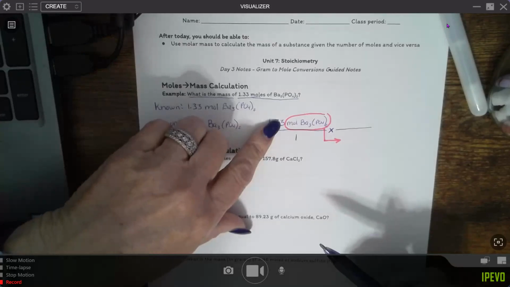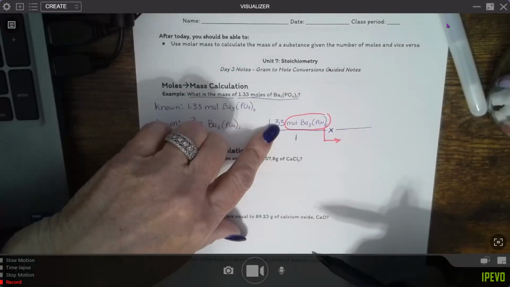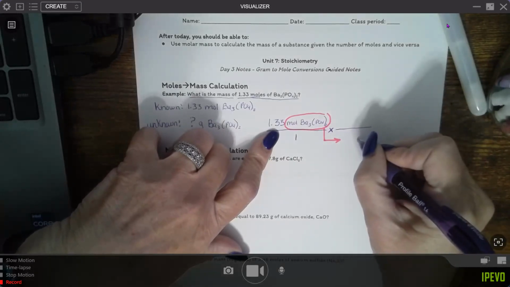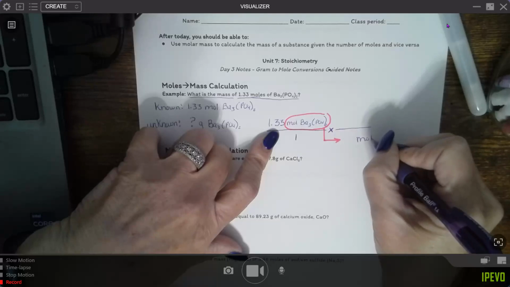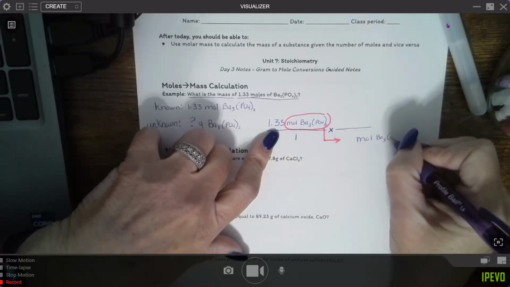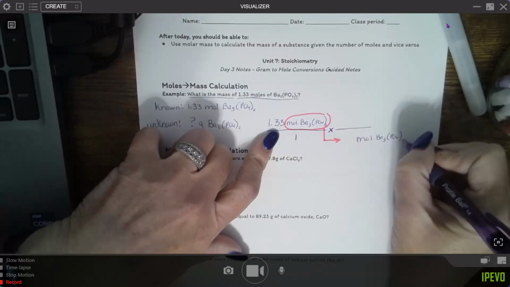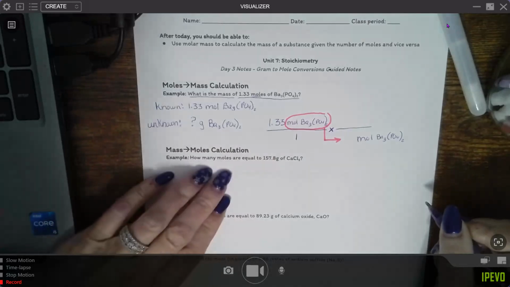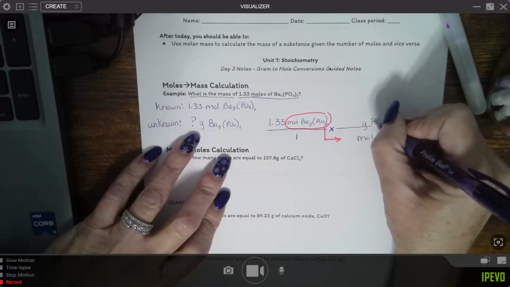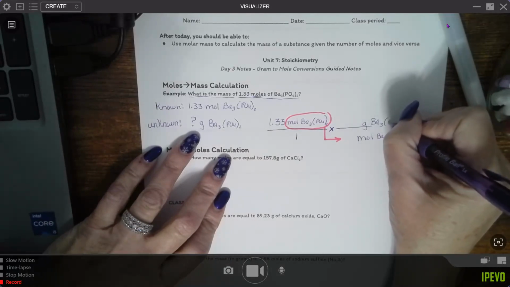You will only use this 1.33 once, which is right where it is right now. Down here, our units are going to be moles of barium phosphate, and on top is going to be what we're looking for. So in this case, we're looking for grams of barium phosphate.